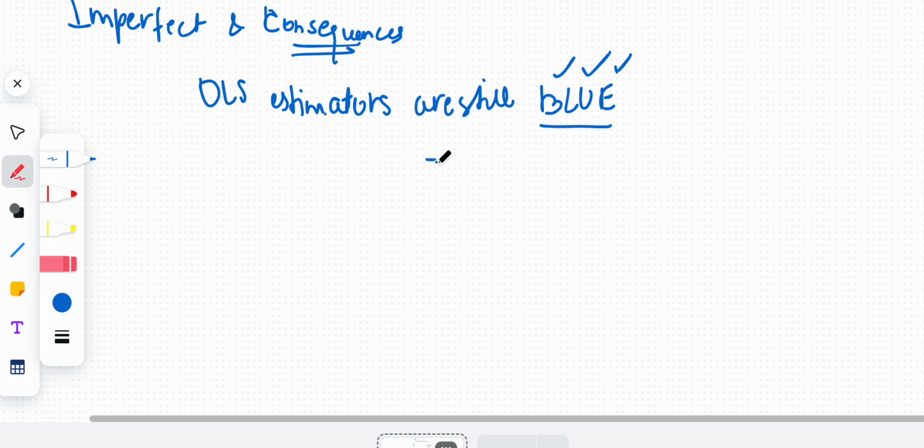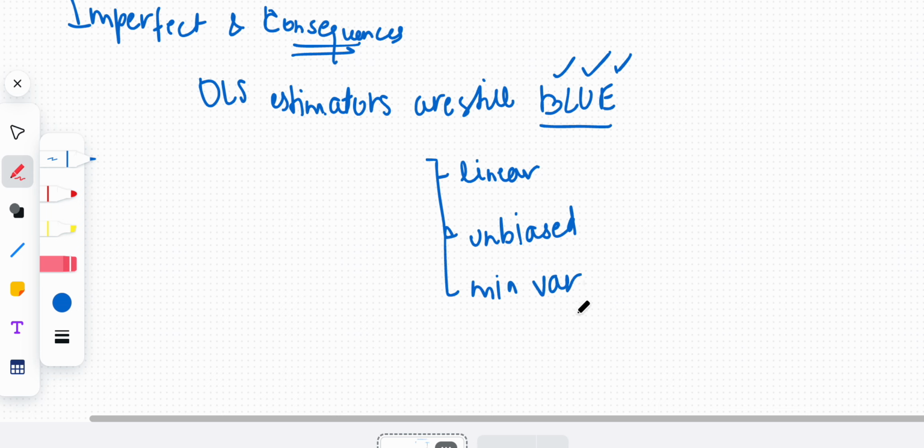That is, in this case, they are linear, they are unbiased, and minimum variance is also there, right? Yes, but what is still missing is what the problem would be.